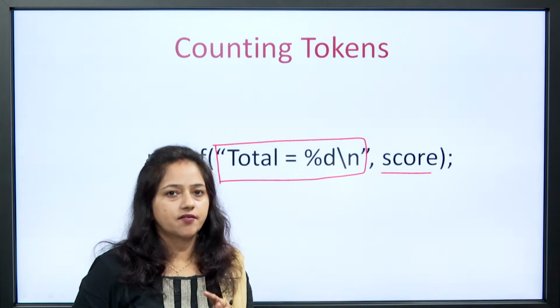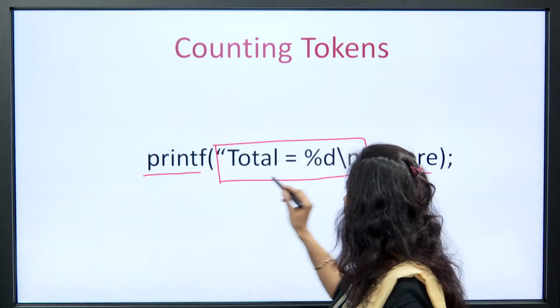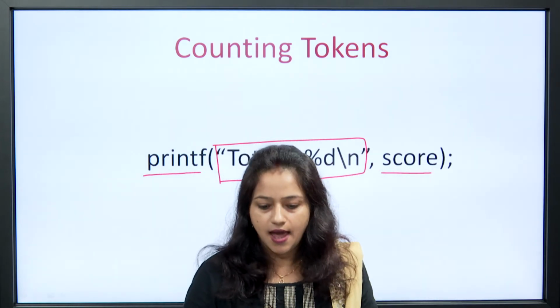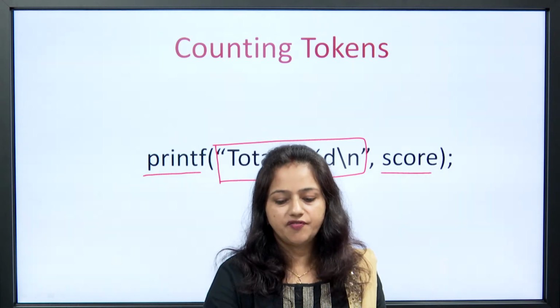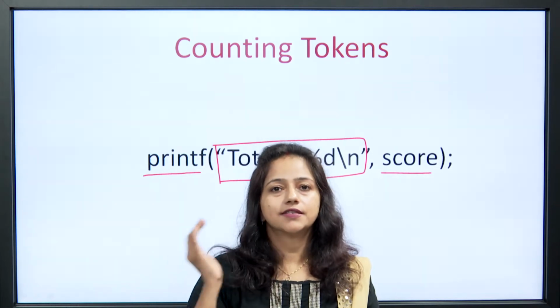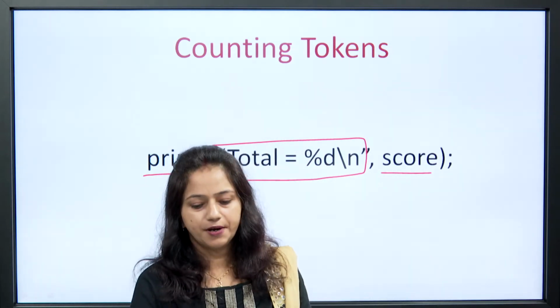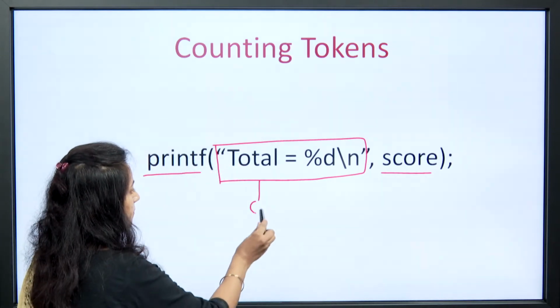This is the literal. Sometimes students may make the mistake of counting it as separate tokens. This whole is a single token, this is a literal, and the other tokens can be counted in that way. Like printf is one token, opening parenthesis, closing parenthesis, then comma and semicolon are separate tokens, and the literal, this whole, is a single token.